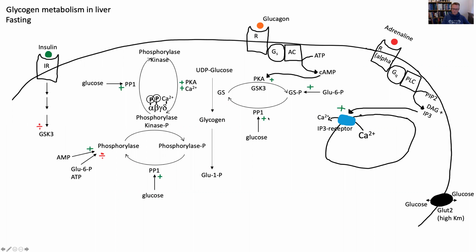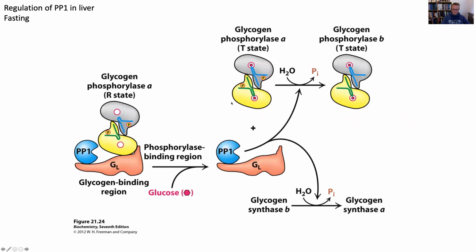So in the liver, as I said, PP1 is controlled by glucose and not by protein kinase A. So in the liver, we will see that the PP1 catalytic subunit and its regulatory subunit known as GL will interact with glycogen phosphorylase.